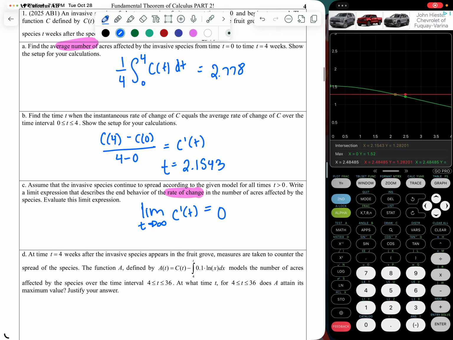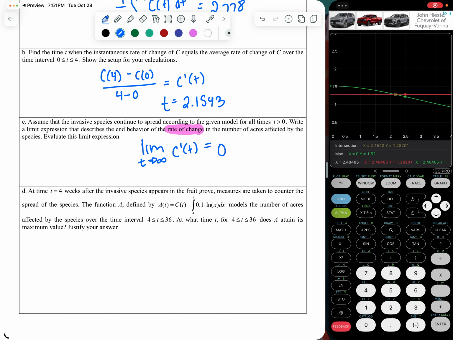And then our favorite part, finding the maximum value. In this case, we want to find the time t in which we get the maximum value for A. All right, so in order to do that, we need to take the derivative of this.